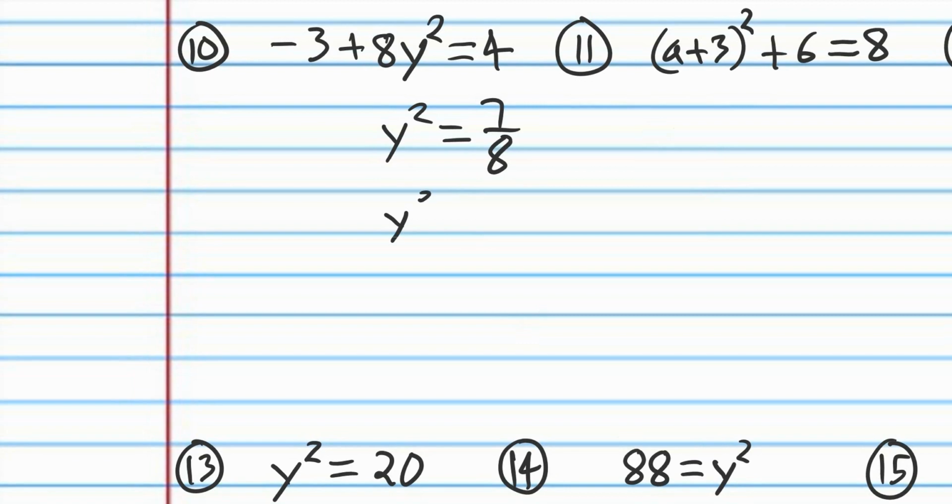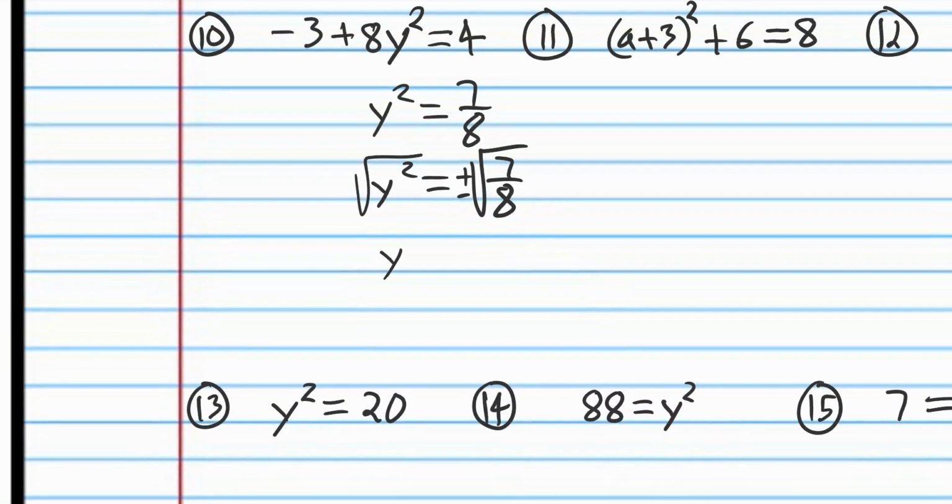All right, so now we have to rewrite, and we have to get rid of that square. That's the second step, is to get rid of the square, and the opposite of squaring is square rooting. So we square root both sides of the equation, and we end up with plus or minus root 7.